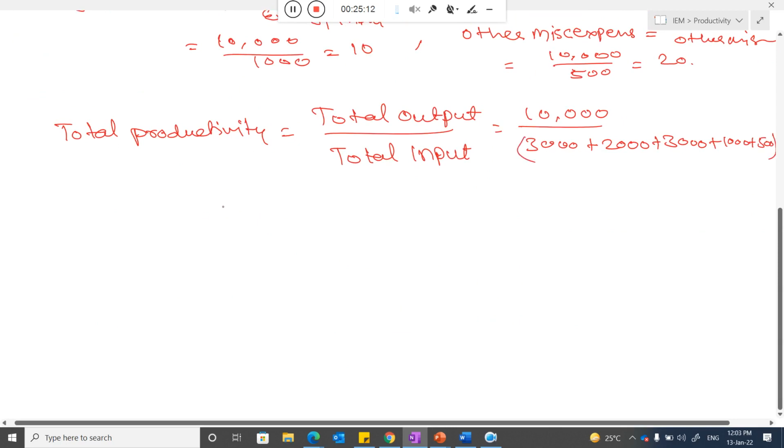That is nothing but the input. So if I add all these things, 3,000 and 2,000 is 5,000, 5,000 and 4,000 is 9,000, 9,500.